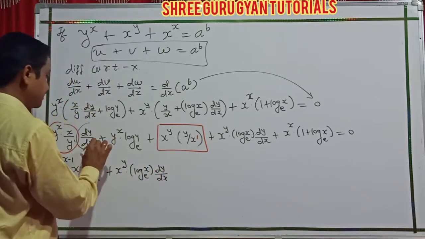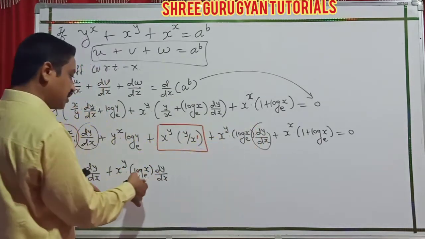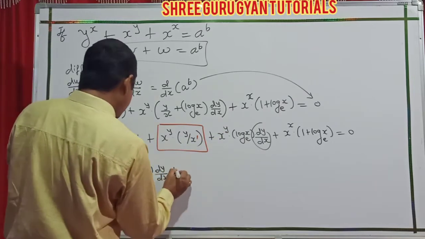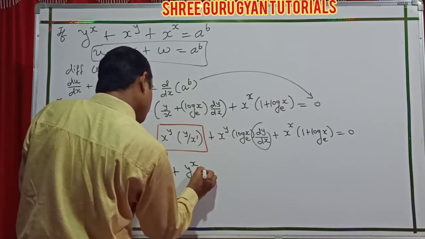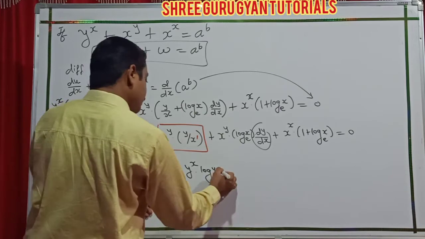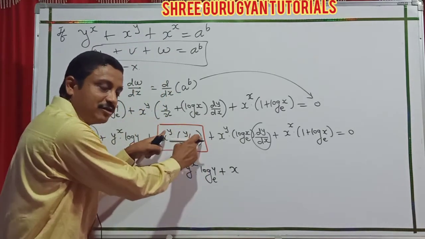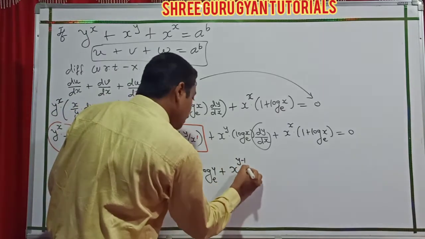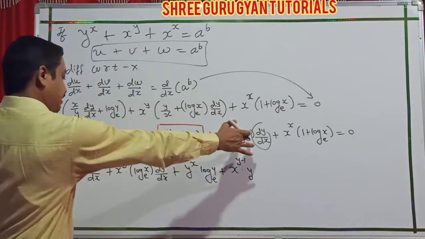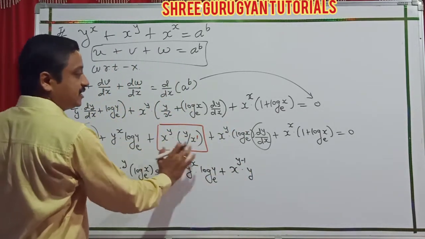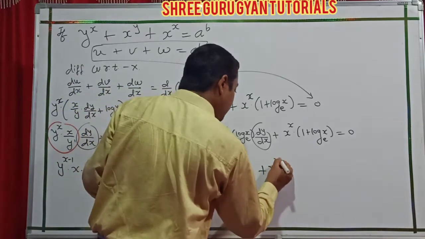Students, this dy by dx and that dy by dx I just combine, and the other is the same, y raised to x log y base e plus here also the same, base same, polarity in subtraction, so here y minus 1 into y. So this value I am taking combined, here as it is, here as it is, and this also as it is.